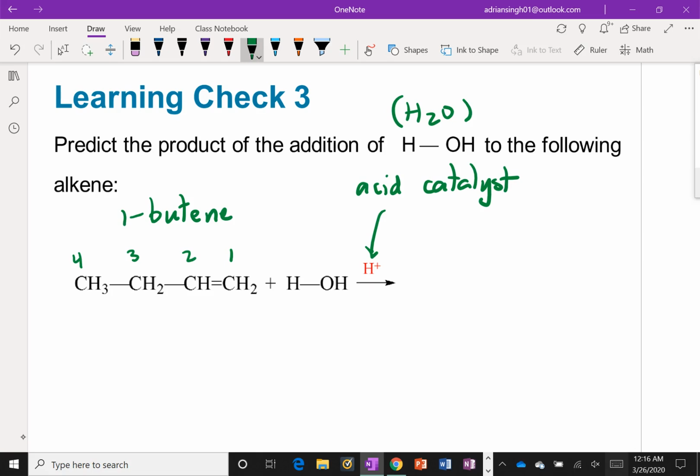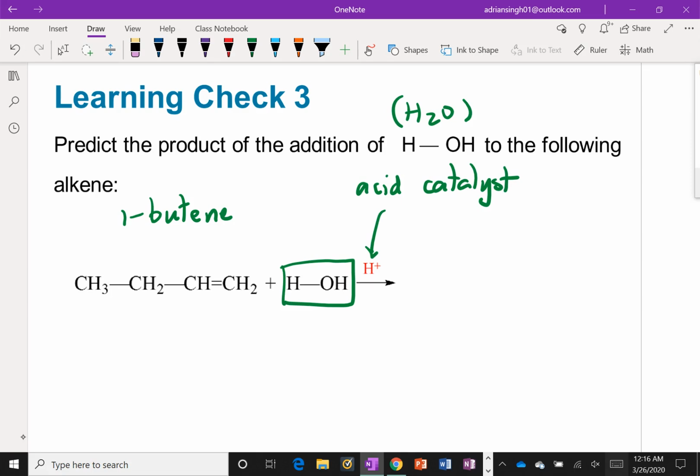Okay, so we run into a little situation with this particular reaction. Now we have our HOH, so the H can go to one of these carbons of the double bond, and the OH is going to go to the other carbon of the double bond. So which carbon are the H and the OH going to go to?